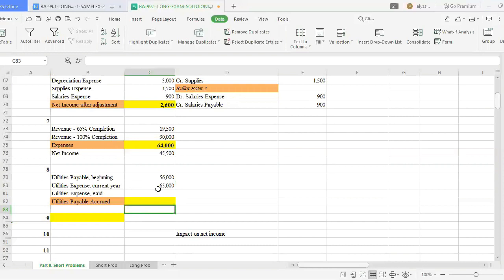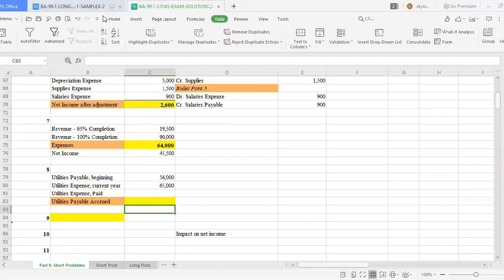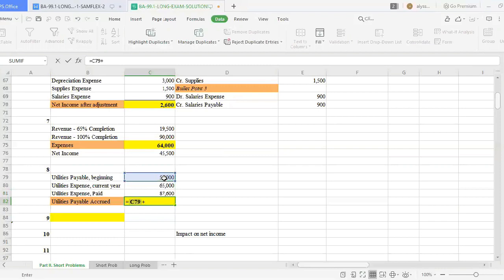121,000. With that 121,000, how much did we pay? We're able to pay 87,600. So how much should we accrue? So we add the beginning. This is the total utilities less 43.